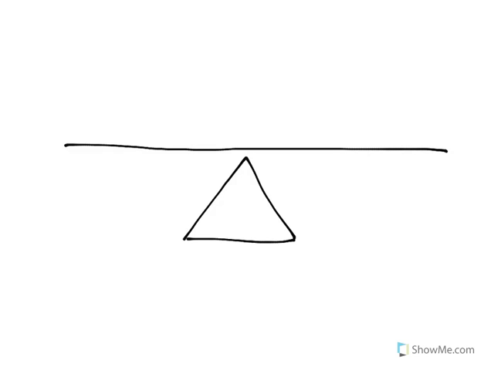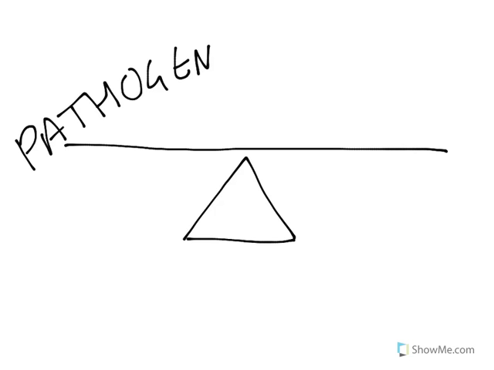So on the seesaw, we have at one end pathogens. Whenever we talk about the immune system, people typically think about pathogens, these being disease-causing microorganisms. Throughout our evolutionary history, there has been a great deal of pressure from infectious agents, whether they be bacteria, viruses or fungi.